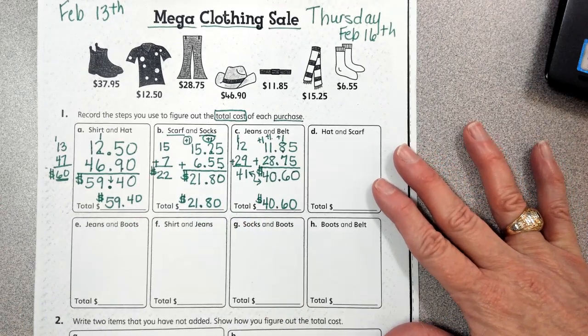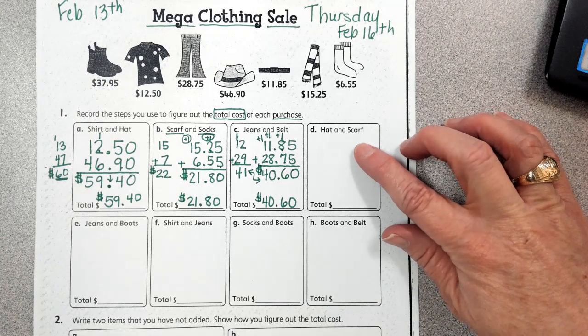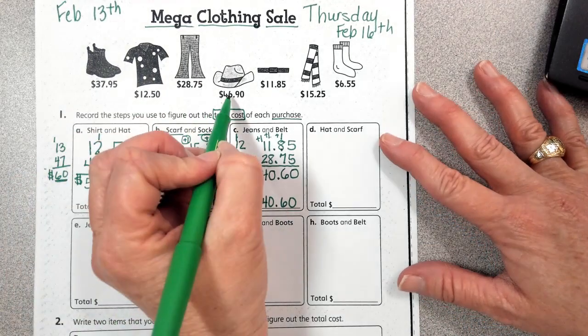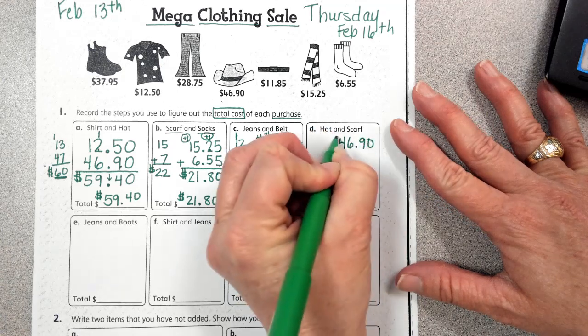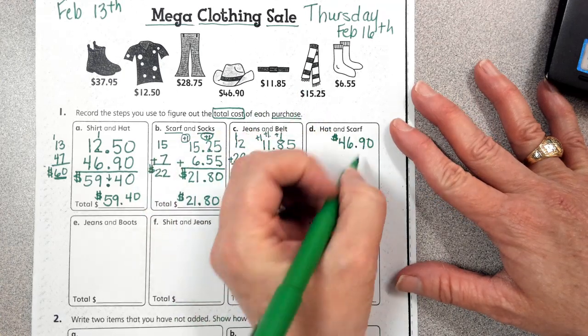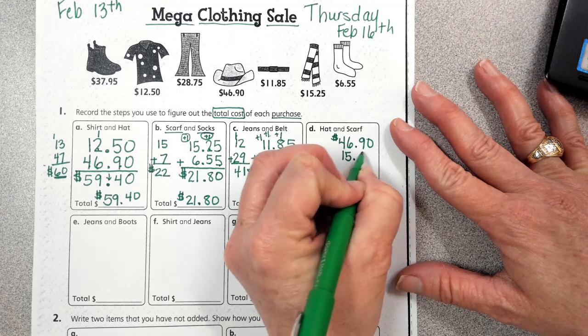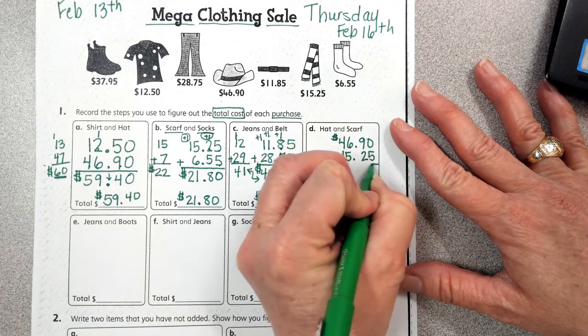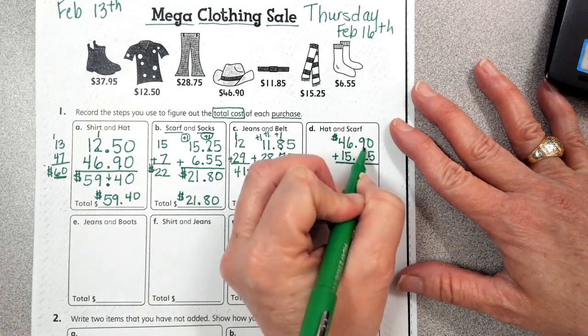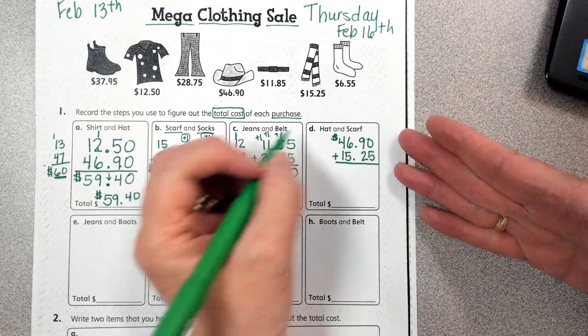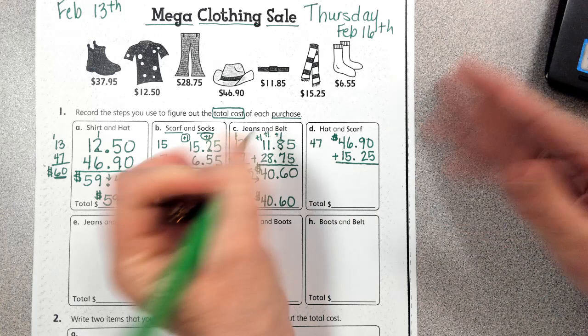Now what I want to do is I'm going to complete letter D. So this time we're looking at the hat and the scarf. And so the hat is going to cost me $46.90. And the scarf is going to cost me $15.25. So quick estimate, 90 is almost another dollar, so we're going to say $47 here.